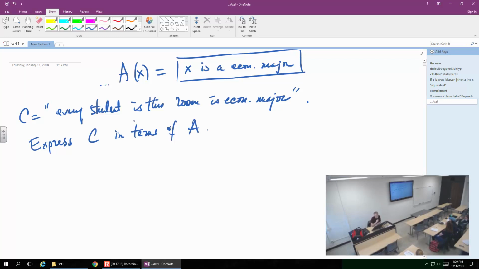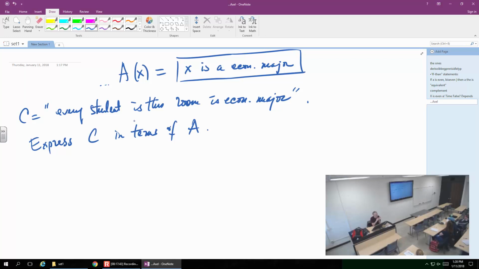So remember, first of all, what we did on Monday was we stated this C statement as an implication. Remember, if the student is in this room, then he is an economics major. Okay, so that's one way.